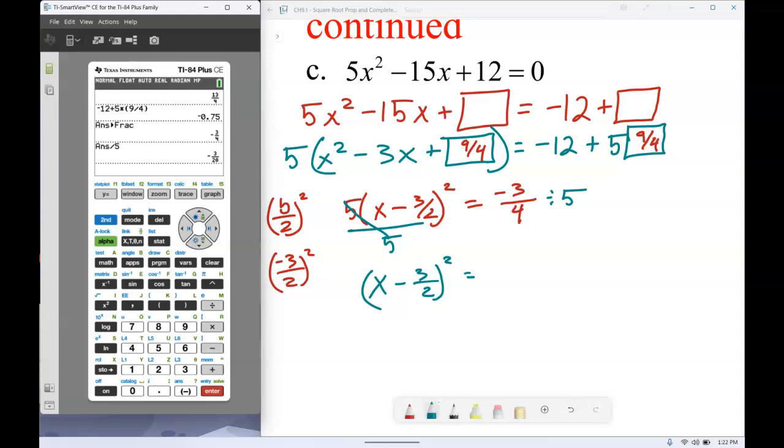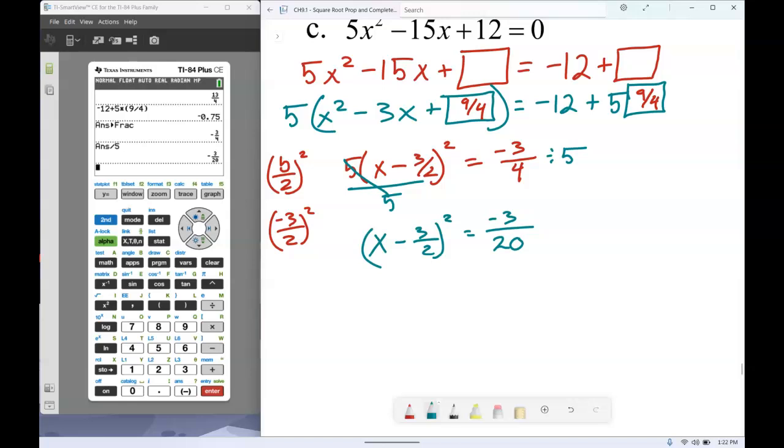Ah, it's the opposite. Yep. Now what? Square root. See, it's just the same thing over and over. We have plus and minus root -3 over root of 20.